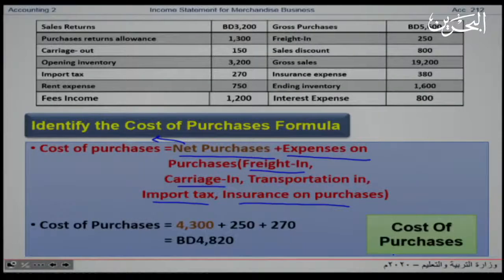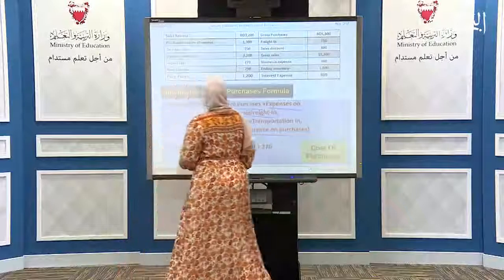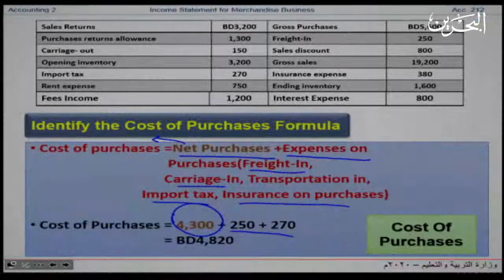When we apply the figures in our formula, I will take the net purchase that I found in the previous slide, and I will add the expenses on purchase. Let us take a look at the data and find the expenses on purchase. I have the freight in, it will be an expense on purchase, and I have the import tax for Abdullah Company as an expense on purchase.